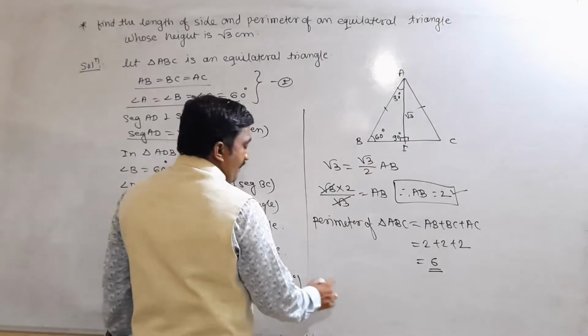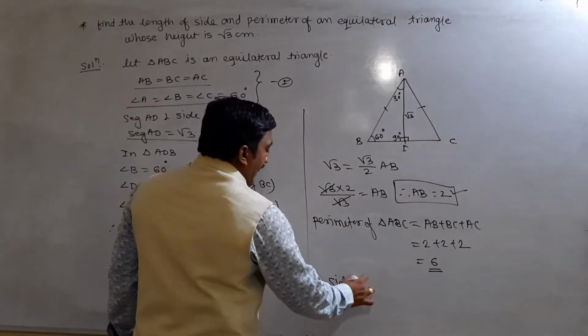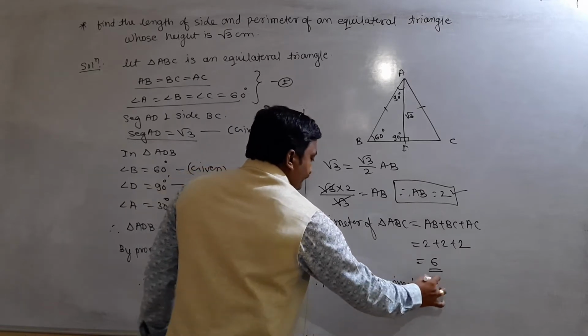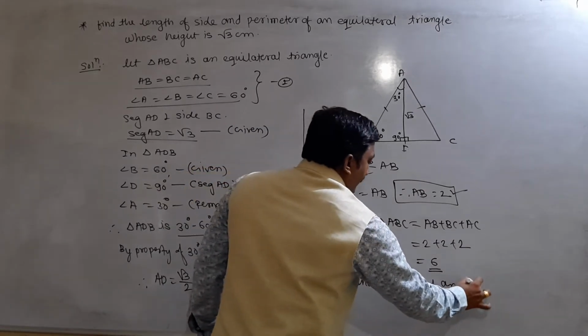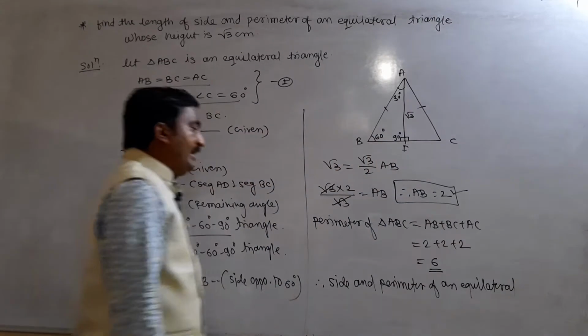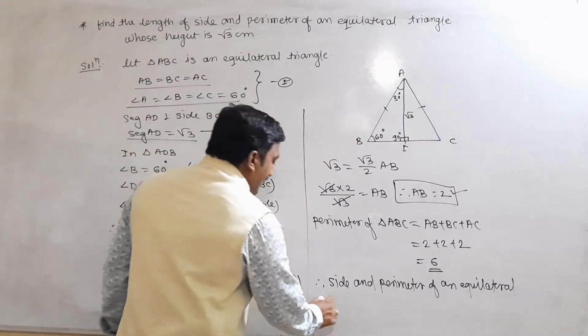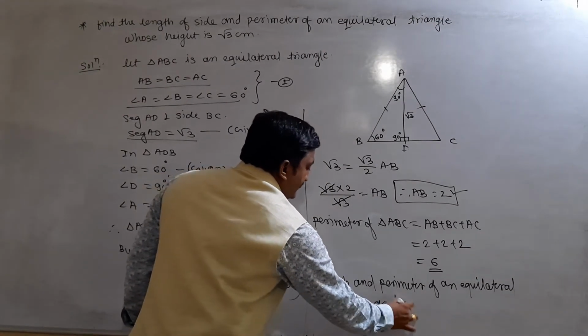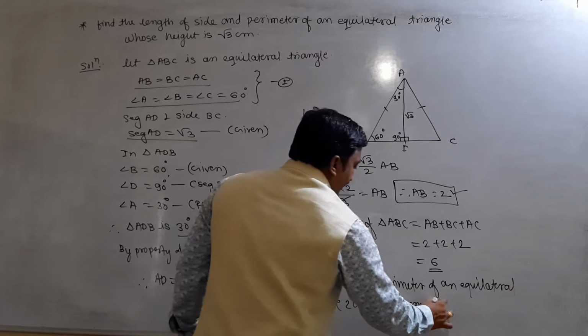Therefore, the side and perimeter of an equilateral triangle are 2 centimeter and 6 centimeter respectively.